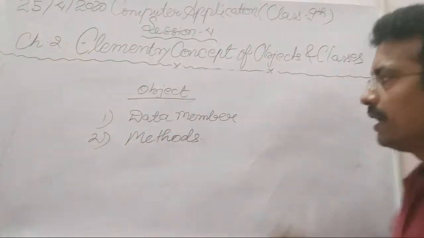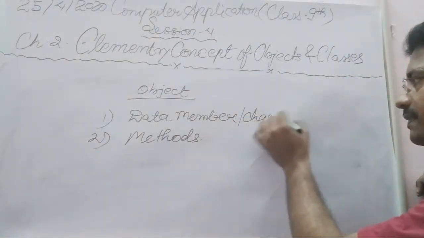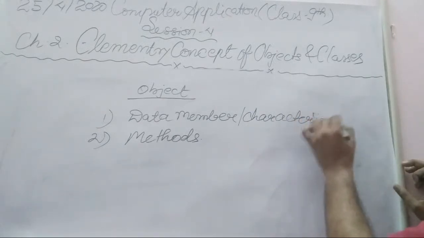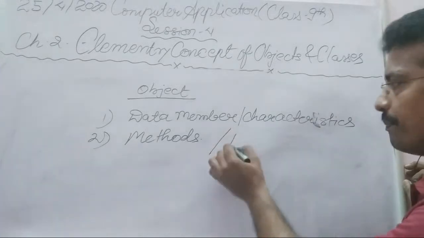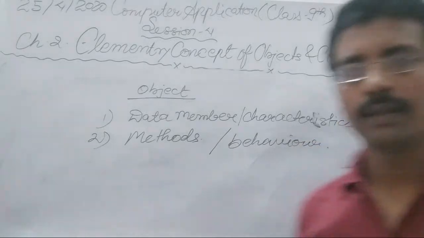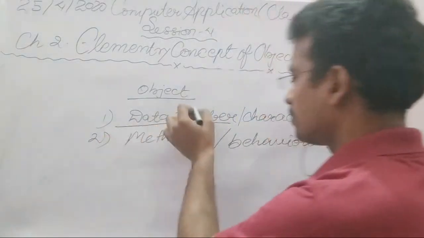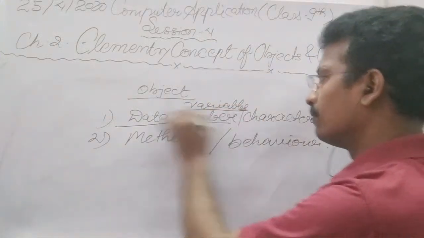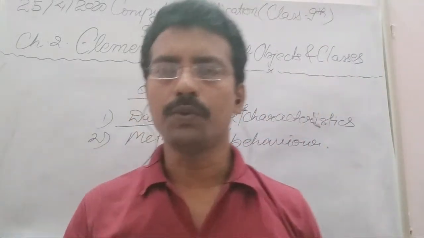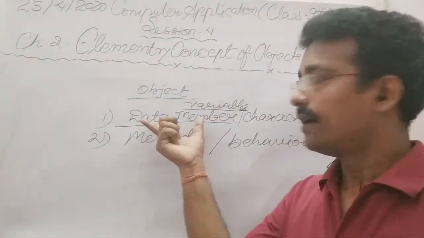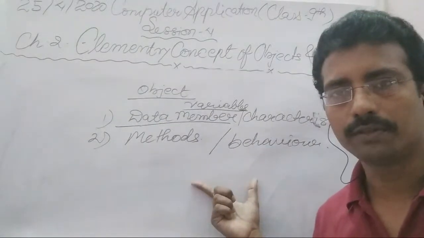In definition terms, the data members are called characteristics and the methods are called the behavior of the object. Is it okay? These data members are also called variables. So you can make various definitions of an object: that it contains data members and methods, or that it contains characteristics and behaviors.